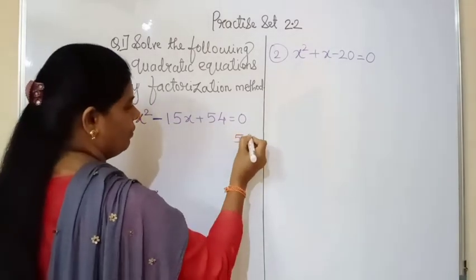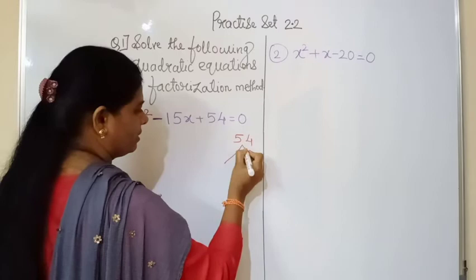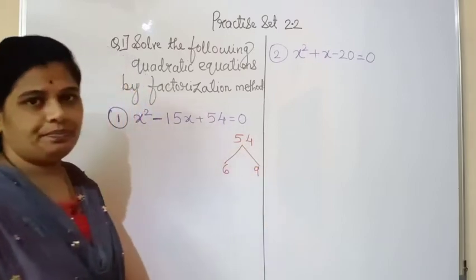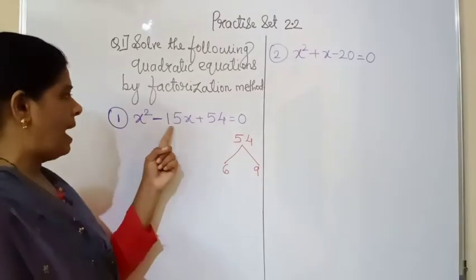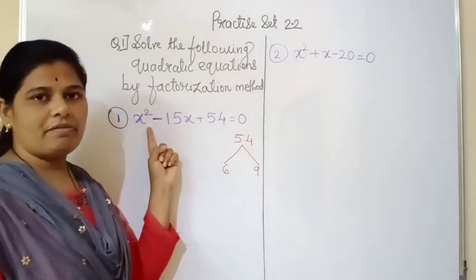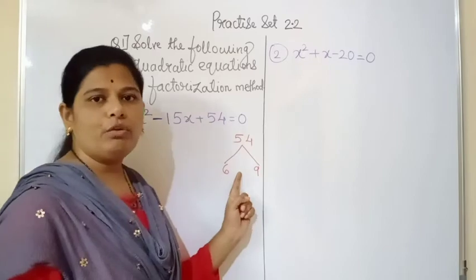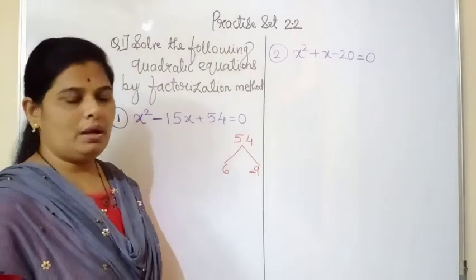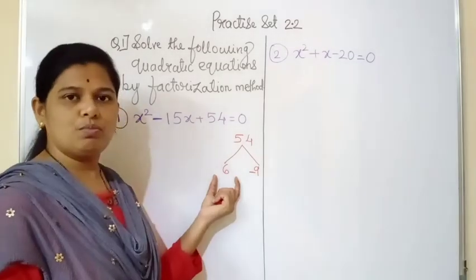So 54, what are my factors? My factors are 6 and 9. Okay, now as I told you, the middle number has a minus sign, so I will give the minus sign to my bigger number. Now which sign should be given to the smaller number?